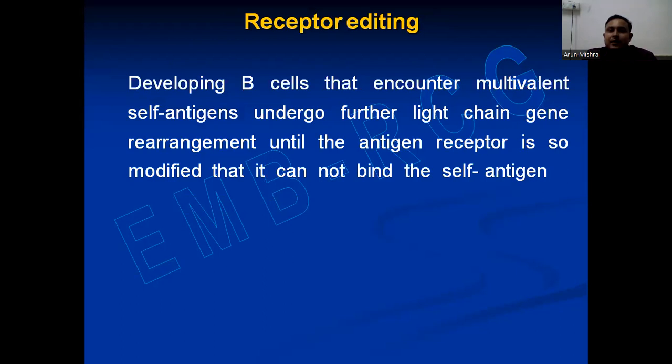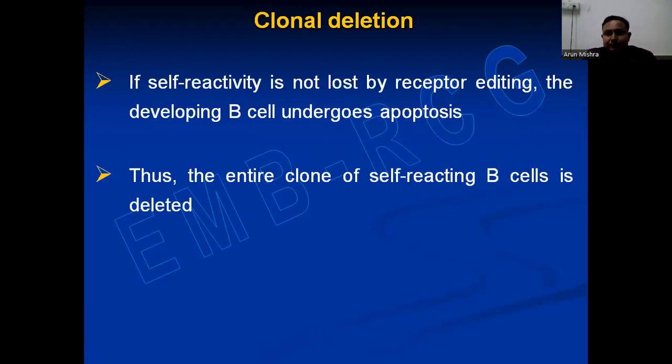A developing B cell that encounters multivalent self antigens undergoes further light chain gene rearrangement until the antigen receptor is modified so that it cannot bind the self antigen.